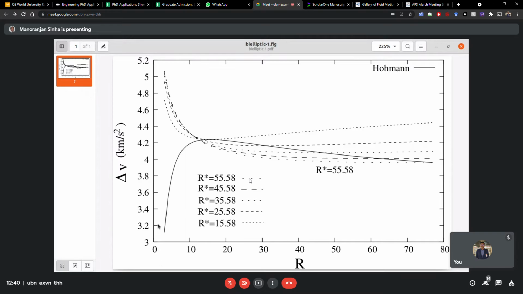Once we do the limiting transfer, where the intermediate radius R star tends to infinity, it will come below this R star equal to 55. If you increase it further, it will go to a limiting value, meaning it will lower down a little bit more.